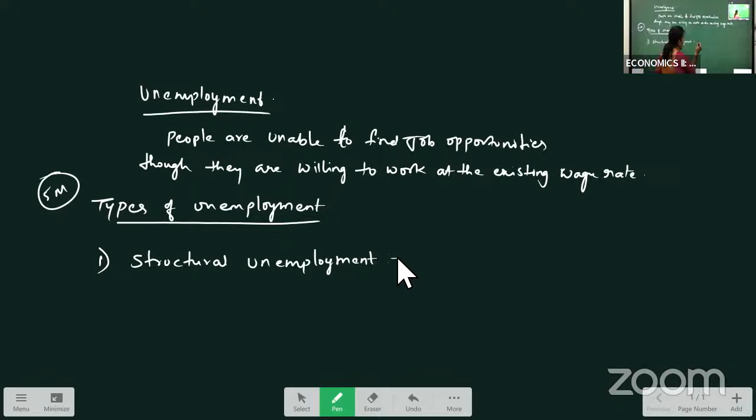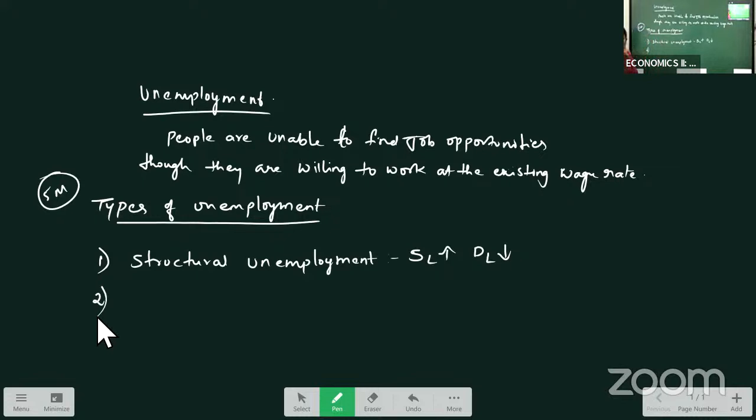Structural means when the supply of labor is more, but the demand for labor is less. At that moment, most of the people will be unemployed in the country. Demand for labor is very less, we don't want labor, but the supply of labor is more. That situation is called structural unemployment.